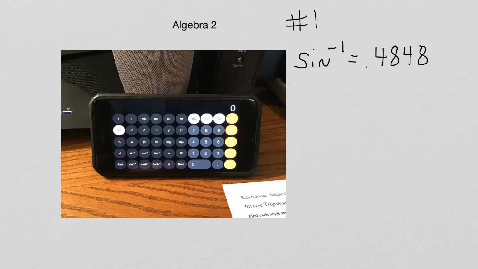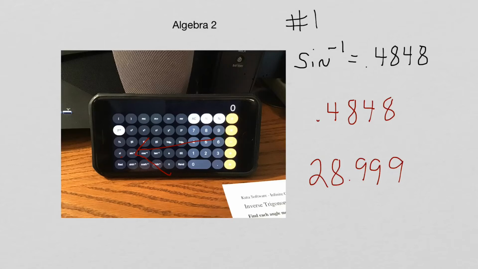The way to enter that is type in 0.4848 and then hit the arc sine button. If you do that, you'll come up with an answer of 28.999, which you're just going to write as 29 degrees.